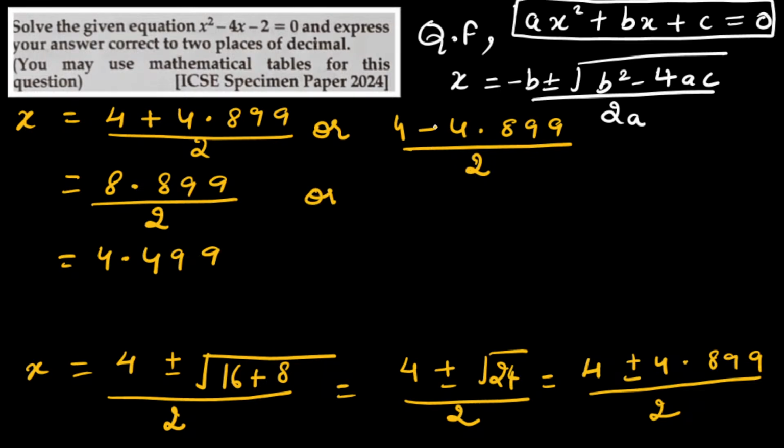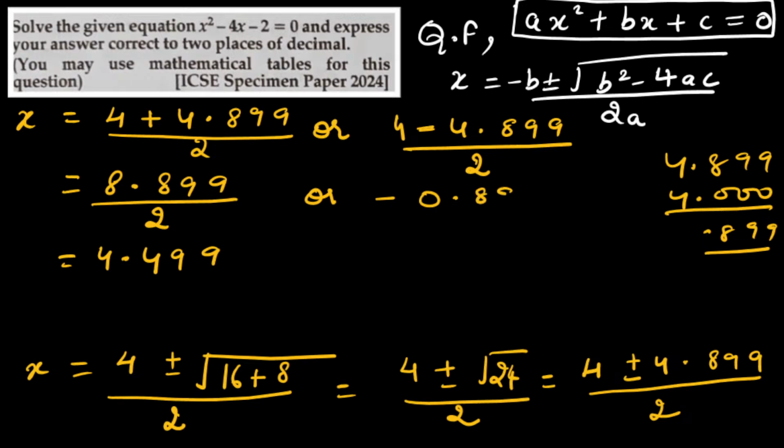What about this side? 4 minus 4.899, because from 4 you have to subtract. So you will get 0.899, and because the negative sign is with the greater number, negative 0.899 by 2.